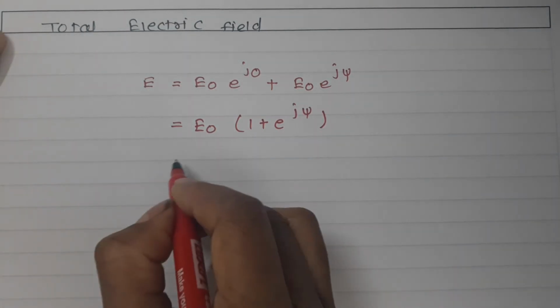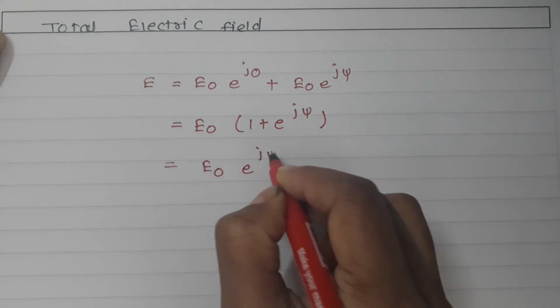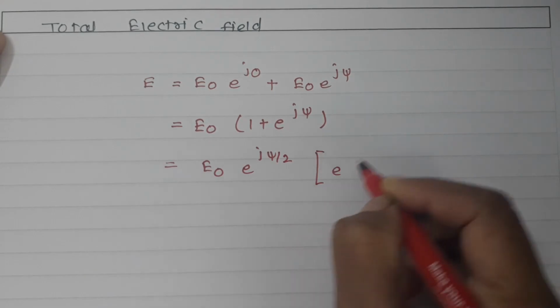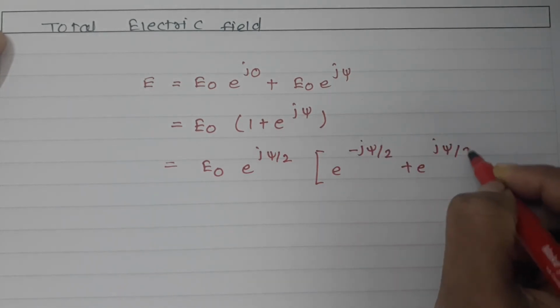Now let us simplify this equation. E0 e raised to j psi by 2 times (e raised to minus j psi by 2 plus e raised to j psi by 2).